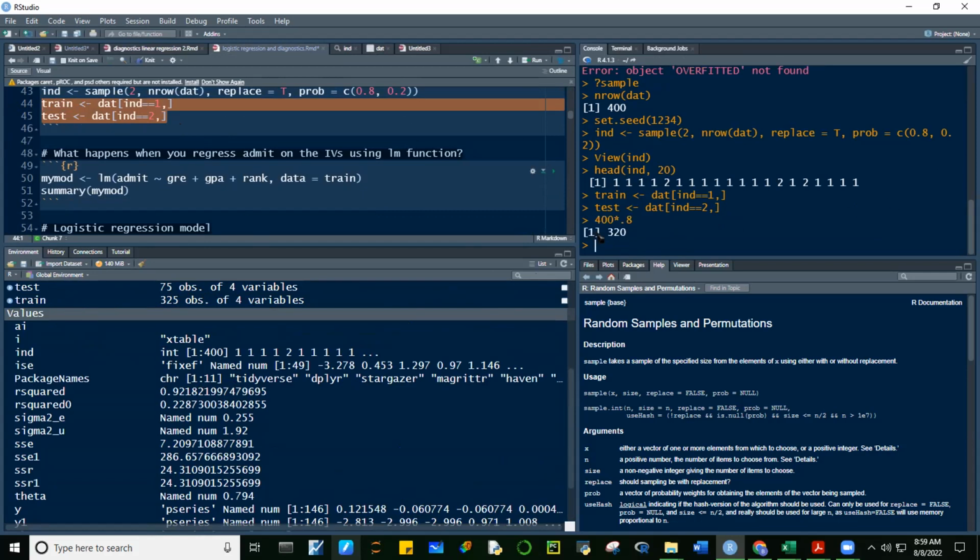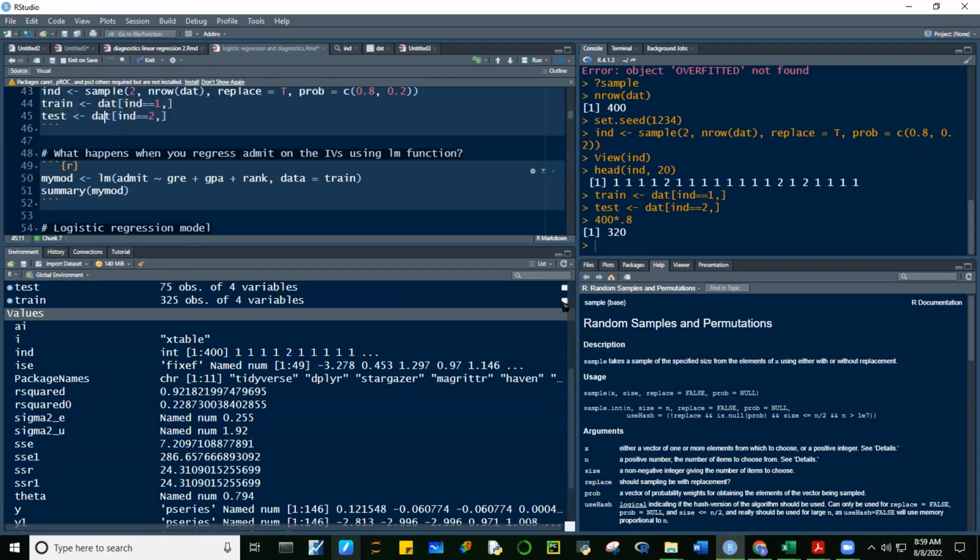So that should be 320. So dito lumabas na 325. So hindi eksakto yung split ni sample, no? But it can be done yung eksakto, but let's do that next time na lang. So 320 tapos si test 75 observations.